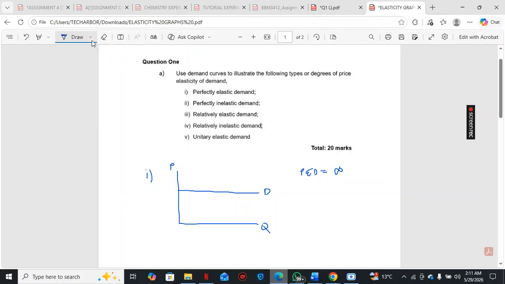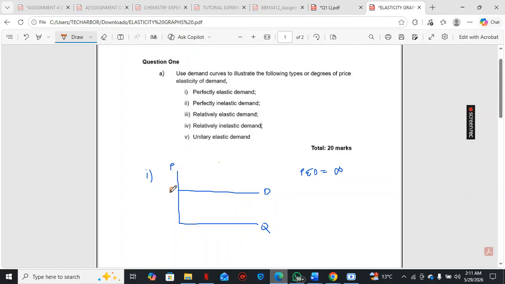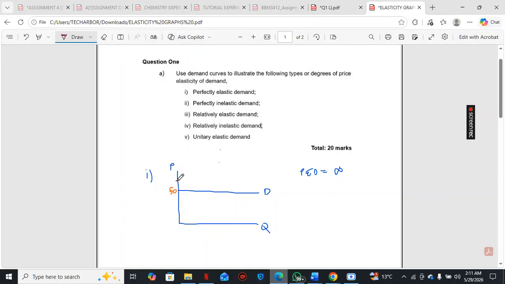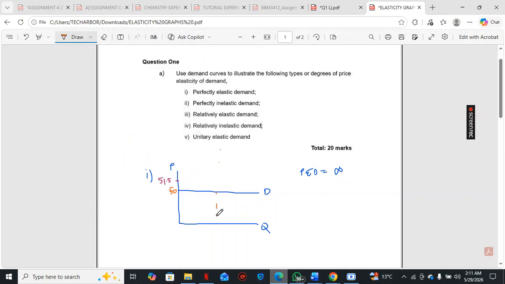Basically what this is saying is this. Let's say the price is 50 kwacha, and you try to increase the price to, let's say, 51.5 kwacha. What's going to happen is you're going to lose all your customers. Let's say at 50 kwacha you are selling 500 units of the good.